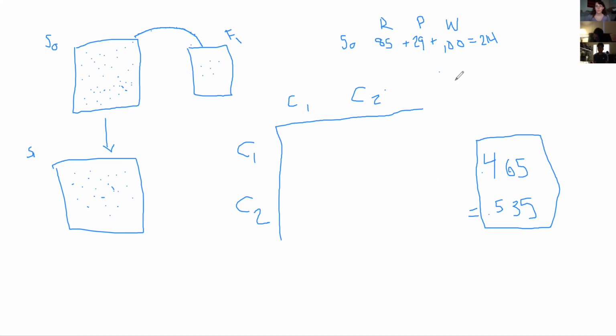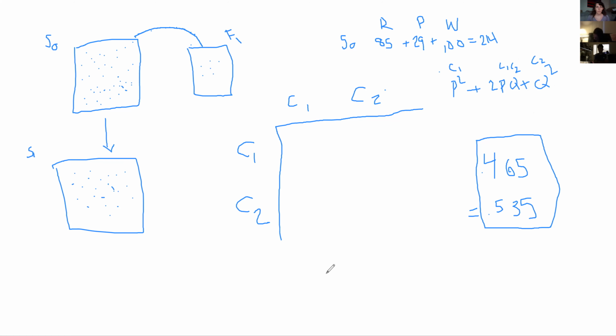I was taught to do this with p squared plus 2pq plus q squared. And I don't know if that's how it was introduced to you. You could pretend this is C1, C2, C1, C2. If you're more equation minded, you can do that. But I like this square. I think it's a nice way to do it visually.